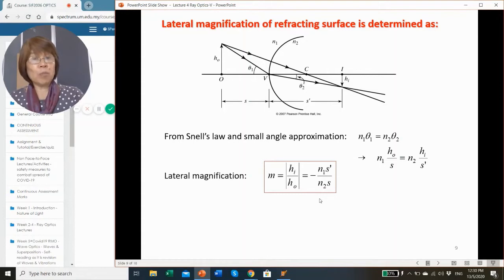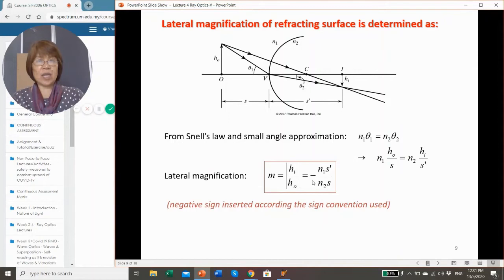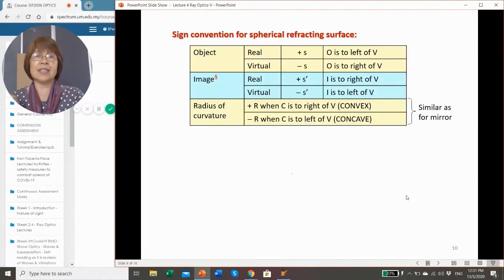And lateral magnification is given by the ratio of the image height to the object height. And that will be equal to, now, hi over h0 will be n1 s prime divided by n2 s. And we insert a negative sign here because of the sign convention that we have adopted.